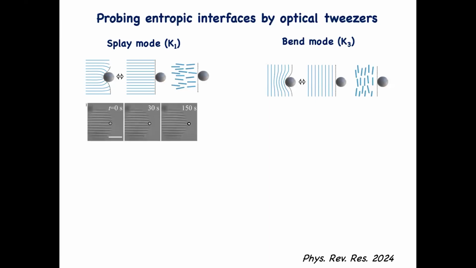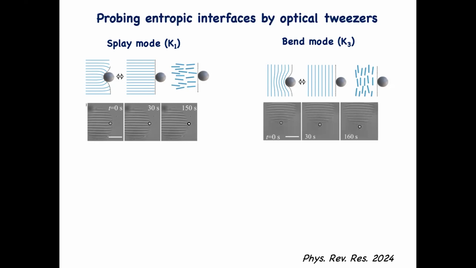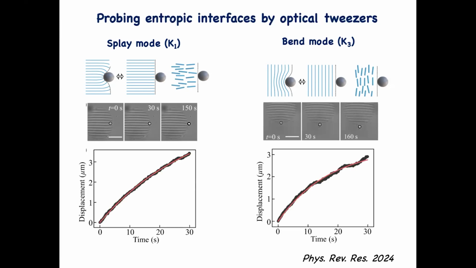So if you want to probe splay, you approach the droplet this way. If you want to probe bending, you approach the droplet on the other side. And then again, you measure the evolution of the displacement versus time. And the only fitting parameter gives you basically which constant you are probing, the splay or the bending mode.